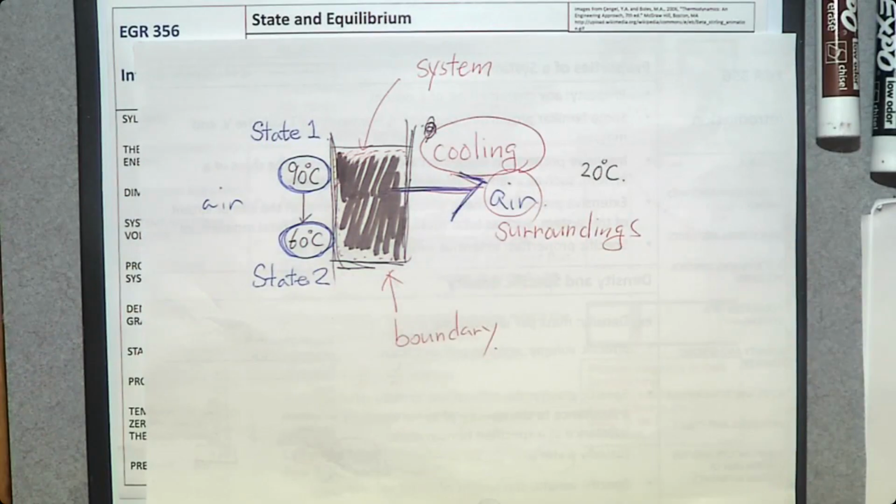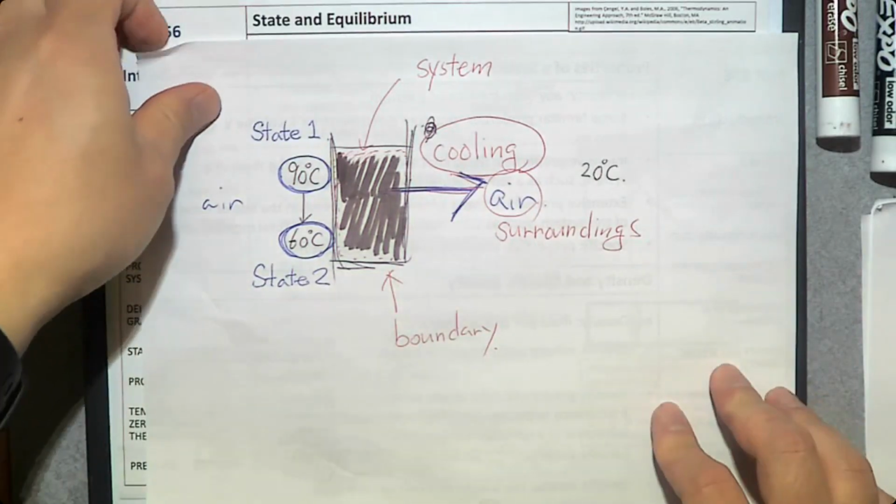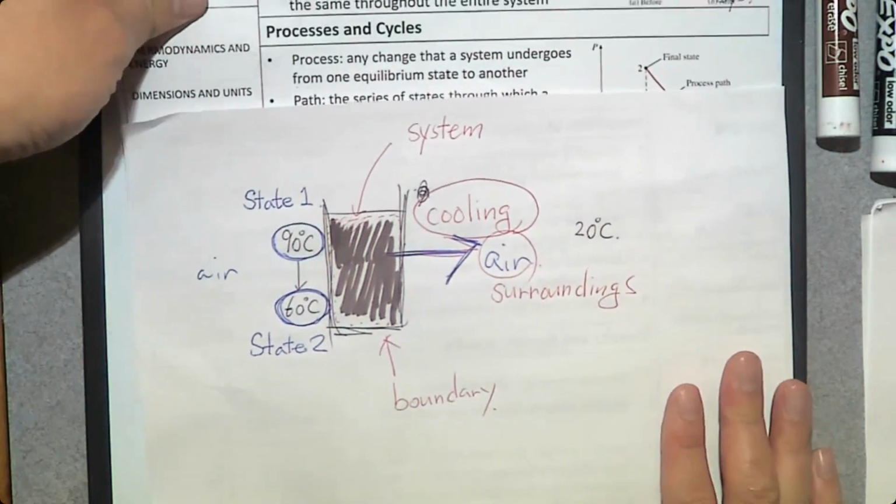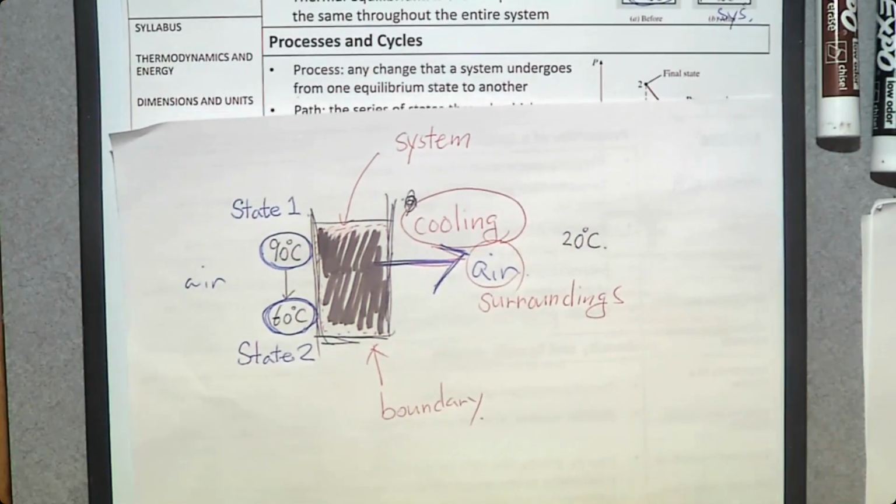So what we can see here, whenever there is one process, how many states do you need? 2. Initial state and the final state. Okay? So process: any change that the system undergoes from one equilibrium state, the initial state, to another equilibrium state, which is the final state.